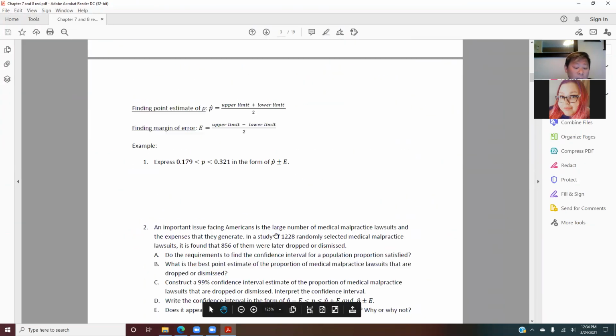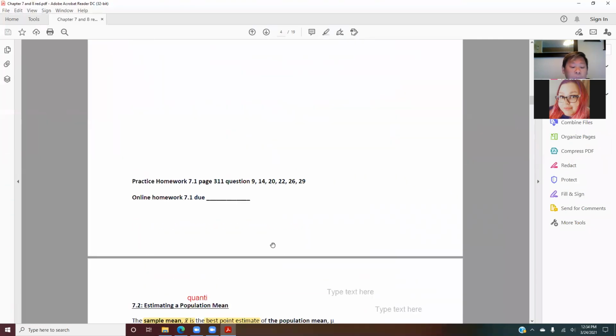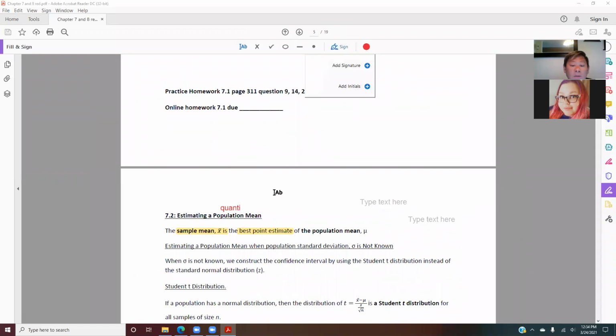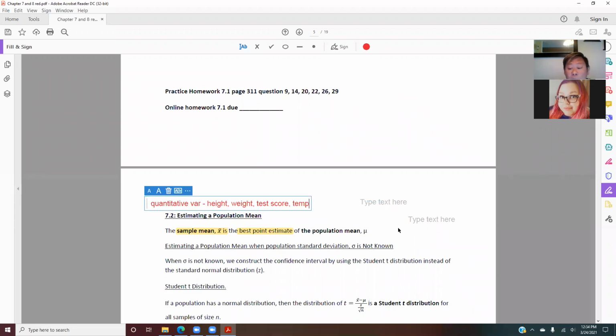So when we talk about the mean, we will talk about quantitative variables like test score, height, temperature, and so on.